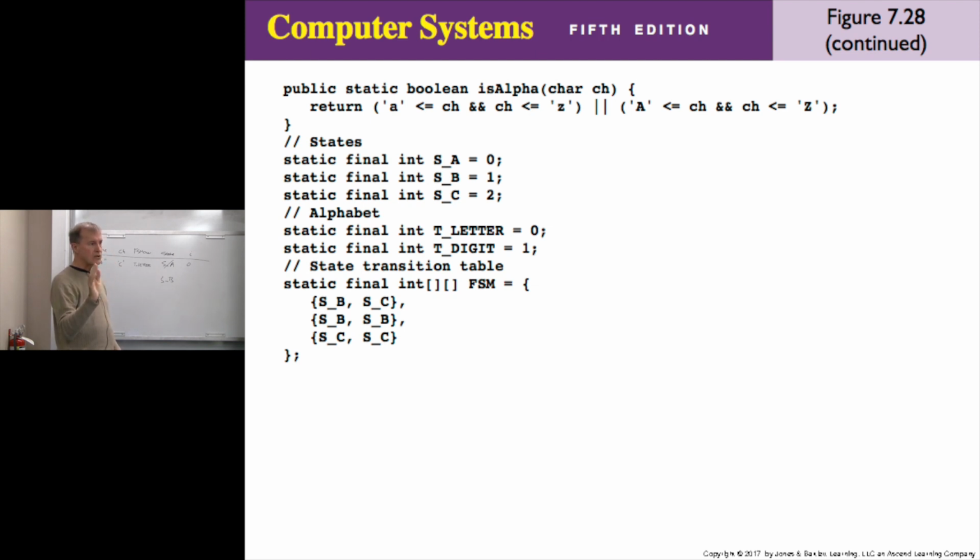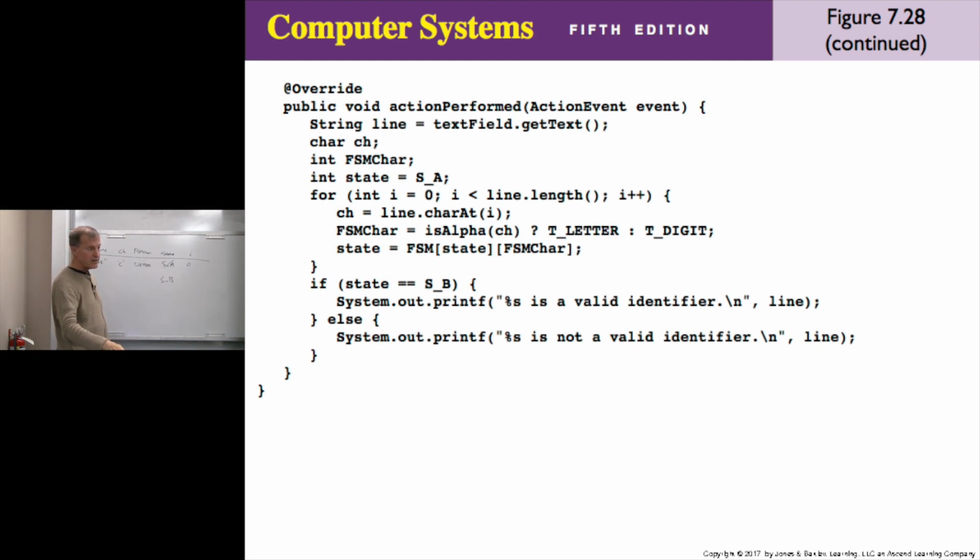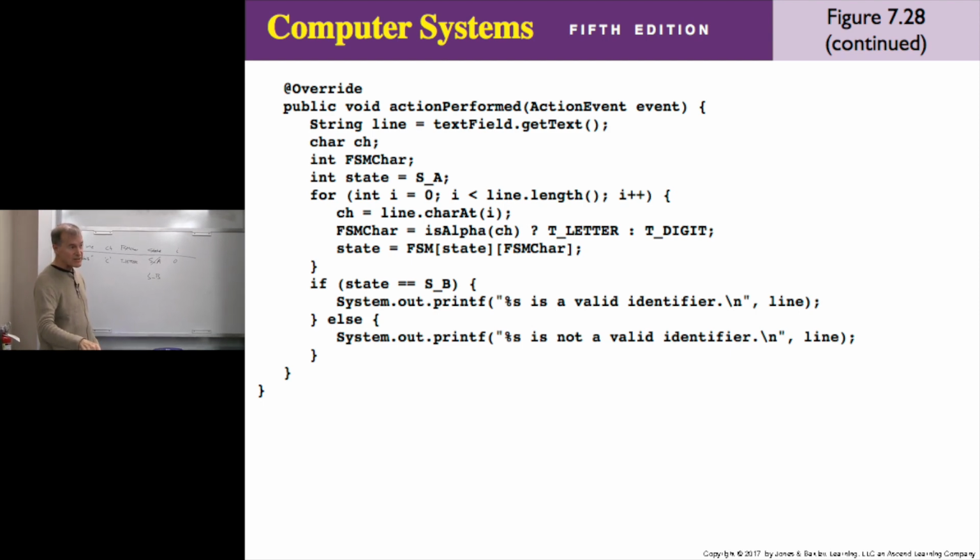So if we go to state sub A, comma, letter, what is the value in that table? SB. And so the code says state gets FSM sub state, FSM char. So it's looking up in the state transition table and making SB the next what? The next state.